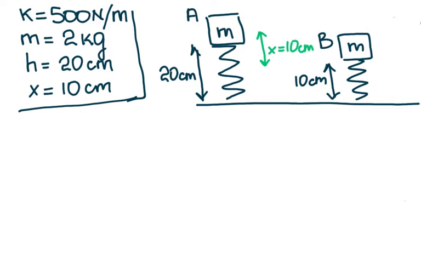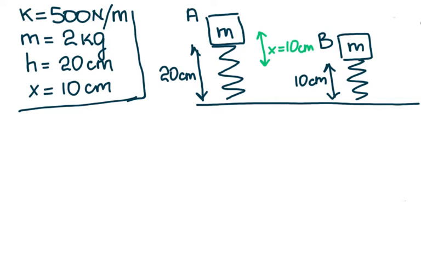And the person gently lowers down the block from rest at position A to rest at position B, so the picture on the right. And which of the following describes, they give you multiple choice, the change in energy of the block-spring-Earth system as the result of the block being lowered down.